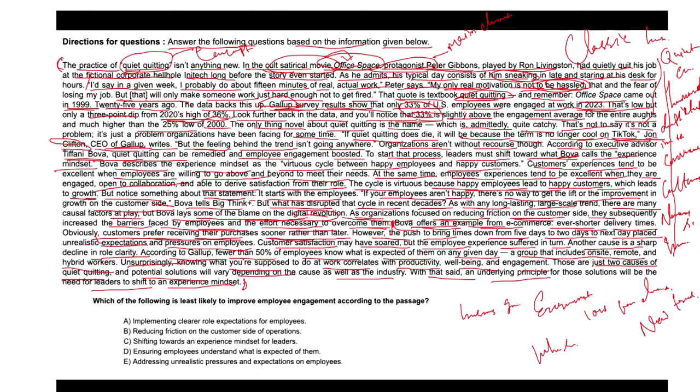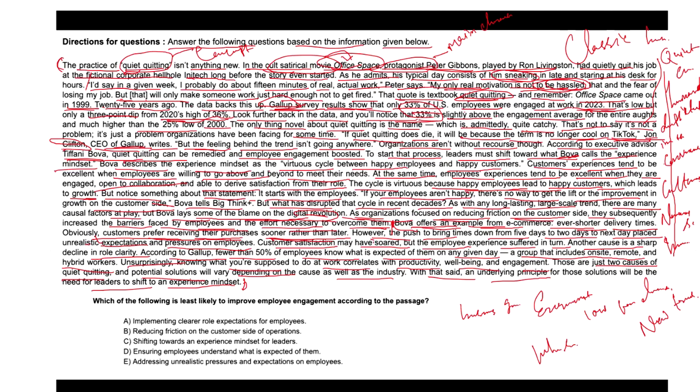He pointed out that the example of reduced delivery times in e-commerce describes how efforts to satisfy customers can increase stress and expectations for employees. So efforts to enhance customer satisfaction, like faster delivery times, can negatively impact employees, right? So here the author is being illustrative and explanatory.